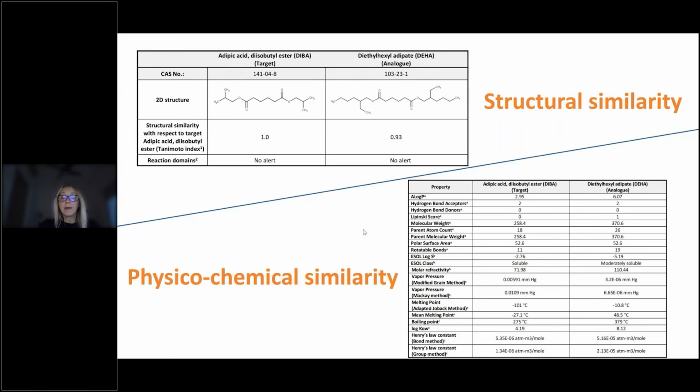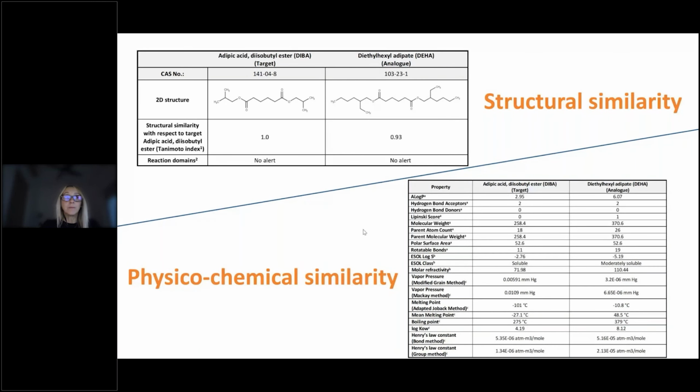And the physico-chemical properties that are relevant, that need to be taken into account in this similarity, really depend on the specific endpoint that we want to read across. However, generally speaking, we can say that the molecular weight, for example, water solubility and lipophilicity, log Kow, are physico-chemical properties that are always taken into account when we compare an analogue with respect to the target.